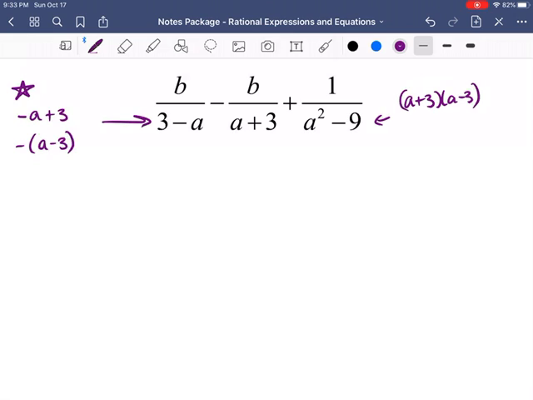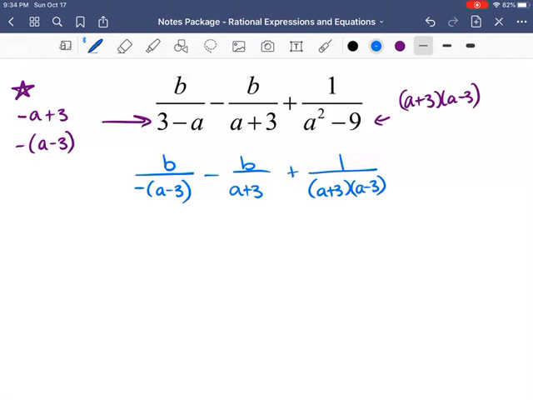Okay, so let's just rewrite this stuff with rearranging the denominators. So b over, and we're going to change this one to that form, and this one is going to stay the same form. And the last one we factor first to see what's going on here. Okay, well that looks a little nicer.